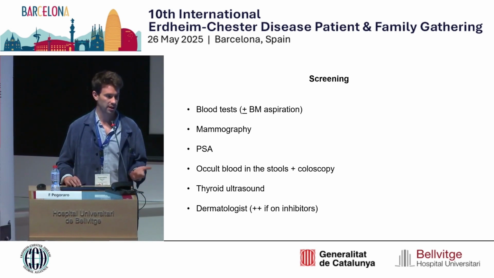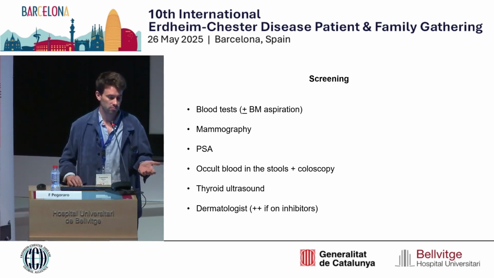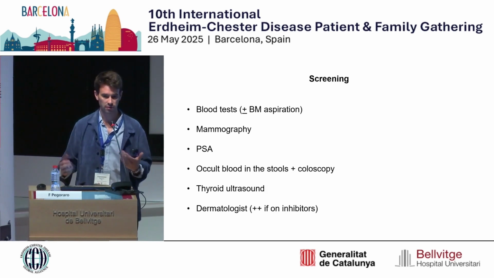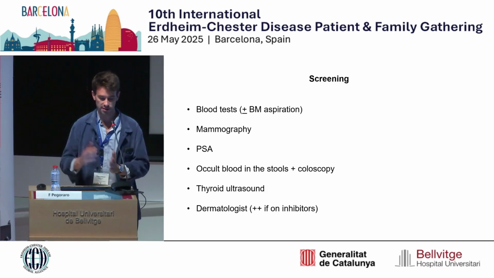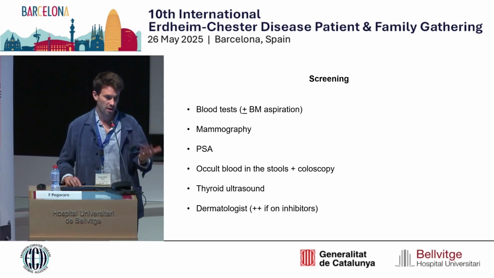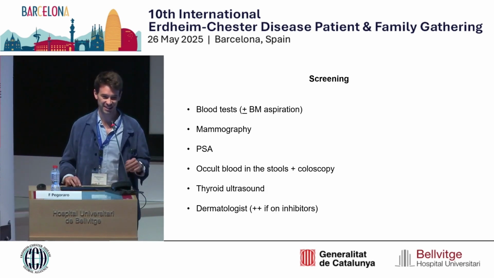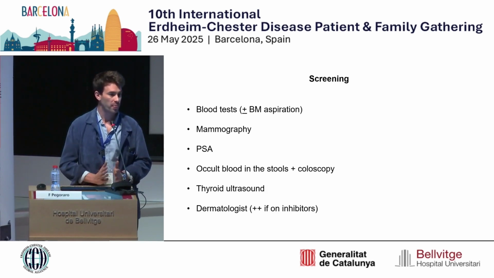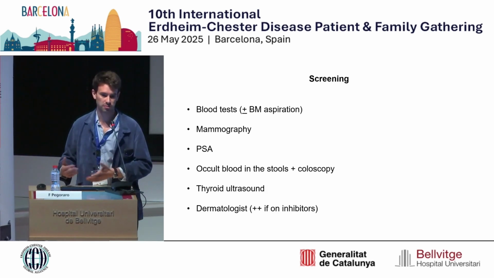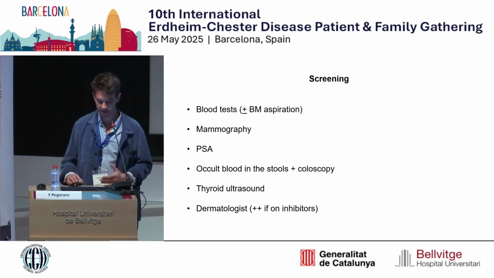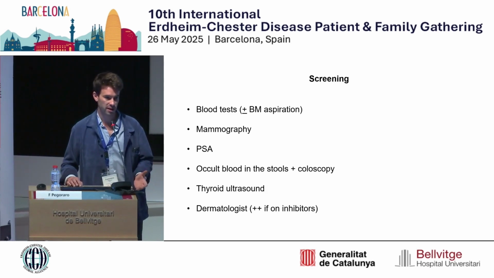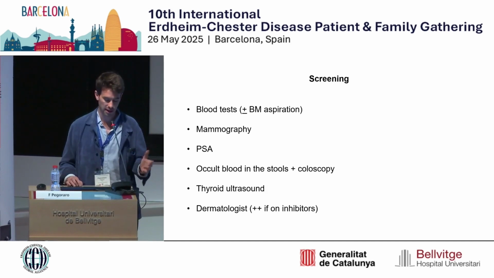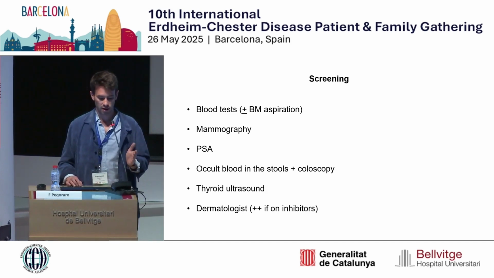So how do we screen? It's in most cases the typical screening that many countries do for people at some age. For hematologic conditions, of course, it would be blood tests, and this is made regularly for treatment side effects and so on, but also bone marrow aspiration, which is recommended at least once at diagnosis or at some point.